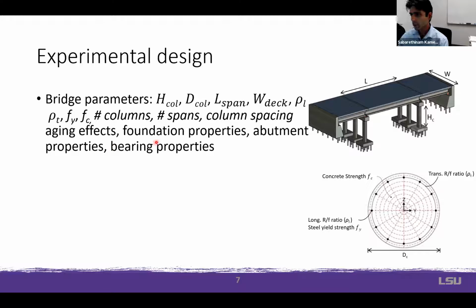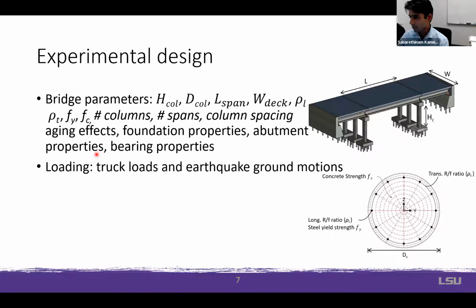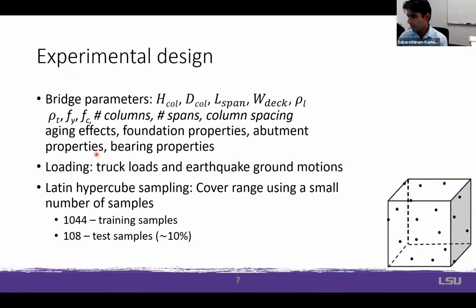Besides these, we also have properties for the foundations, abutments, and the bearings that we have in our bridges. And in terms of loading, we have truckloads and earthquake ground motions. I'll come back to the details of truckloads and earthquake ground motions in a while. To sample all of these parameters within a few combinations, I use Latin hypercube sampling here.